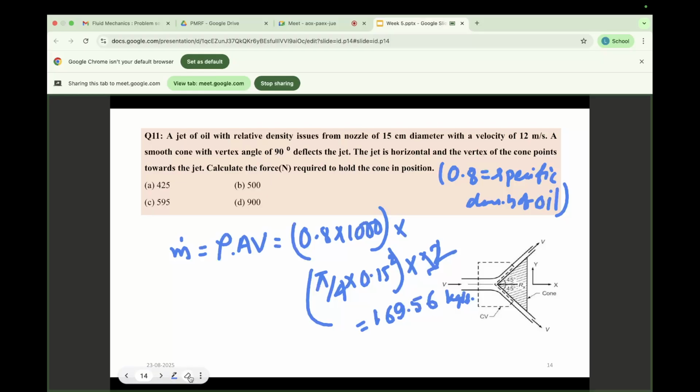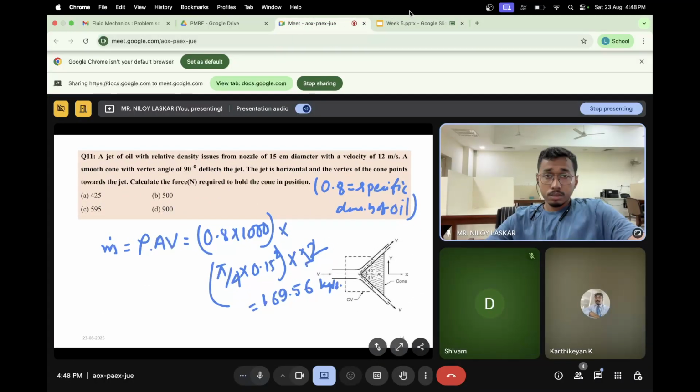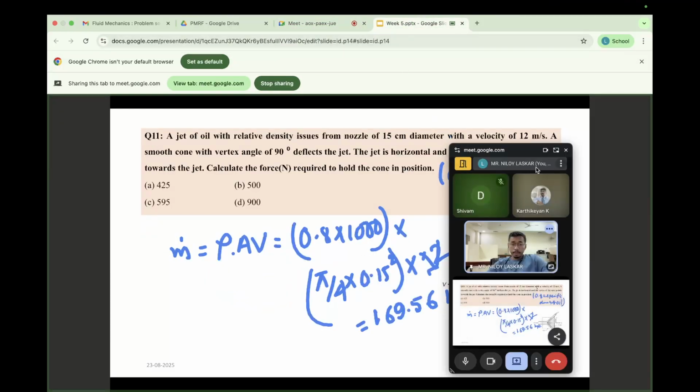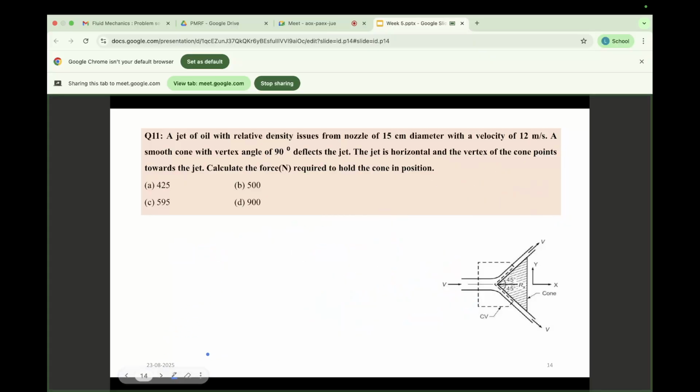Up to this it is okay, so I am erasing this. Now I have to apply the momentum equation, because only velocity is given and no details about pressure are given.